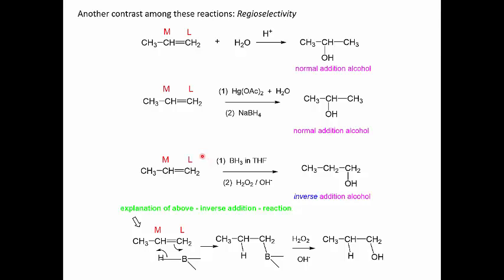In the reaction of 1-propene, this is an unsymmetrical alkene. Both the addition of water reaction and the mercury sequence reactions form the same alcohol. That is, with the OH bonded to the middle carbon.